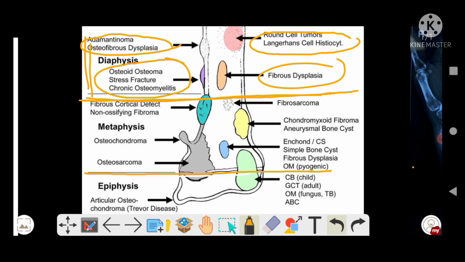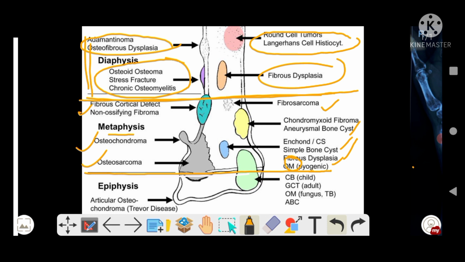Talking about your metaphysis, you can find fibrous cortical defect, non-ossifying fibroma, osteochondroma, osteosarcoma, then fibrosarcoma, aneurysmal bone cyst, simple bone cyst, fibrous dysplasia, pyogenic osteomyelitis. So osteomyelitis can be seen in metaphysis, unlike chronic osteomyelitis which may be seen in your diaphysis.